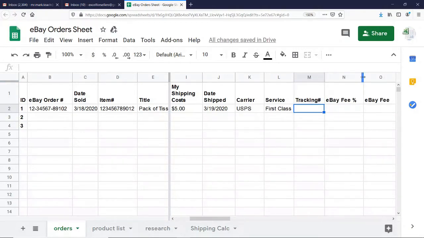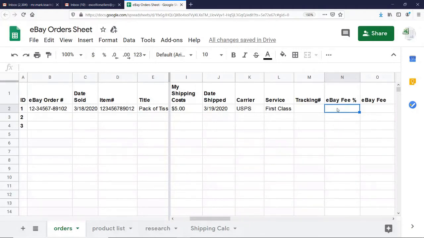Okay, so that brings me to the other part of things, which is the fees. And for one, the eBay fee. And the reason why I separated the eBay fee percentage is that sometimes people change their store plan.